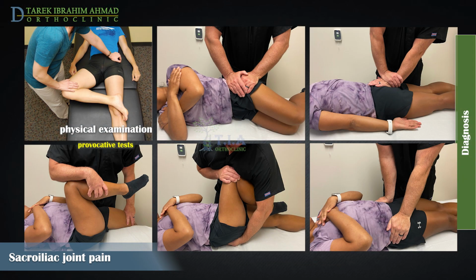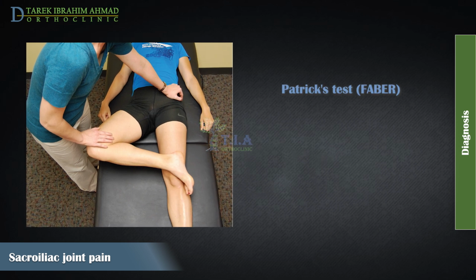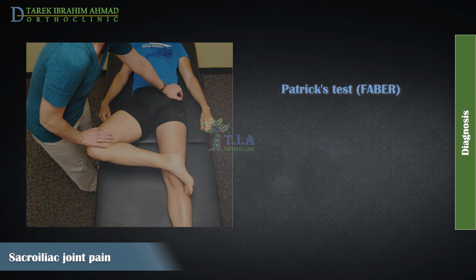Numerous sacroiliac joint provocation stress tests are available. Unfortunately, there is no single test that is both sensitive and specific in identifying sacroiliac joint dysfunction. A few of these maneuvers are Patrick's or FABER test: flexion, abduction, and external rotation.